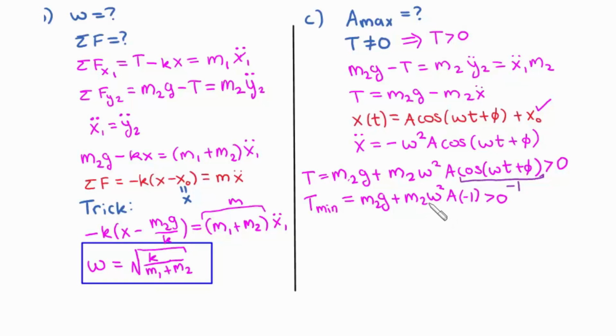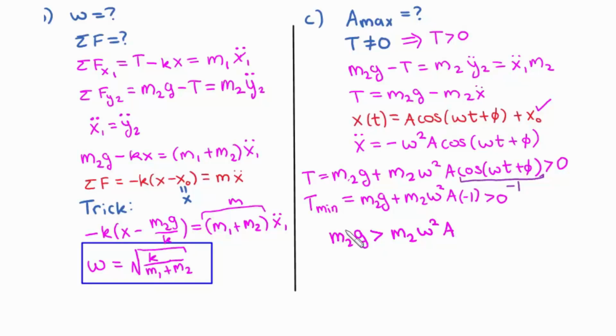Now all we have to do is isolate out our A. Here we have a minus, this expression is negative, so we can move it to the other side. So m2g is going to be bigger than m2 omega squared A.